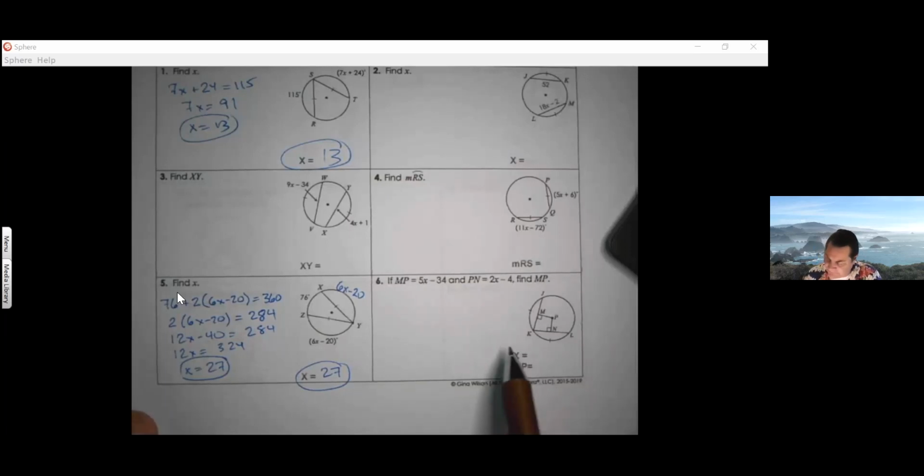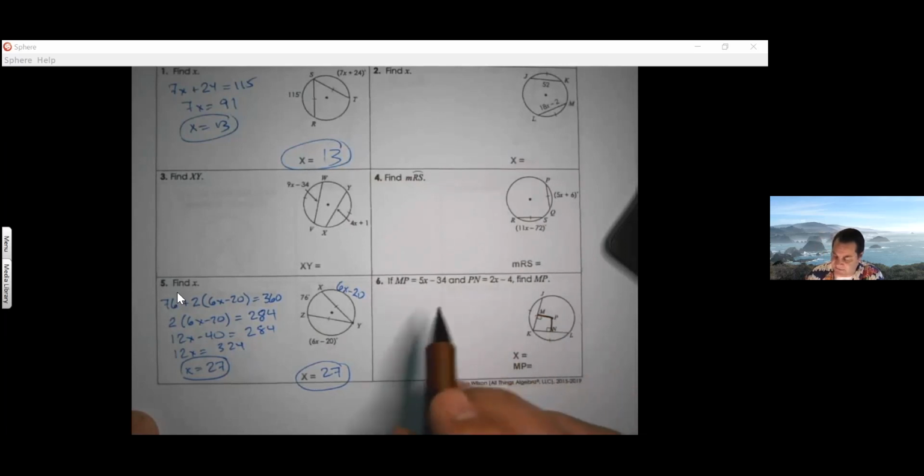So for example, here, what are they asking us about? MP and PN. Okay, those are both parts of radiuses. They're not the whole radius. But since they're perpendicular, I know they split these in half. That doesn't really help me. But since these arcs are marked as congruent, I know that these must be equidistant.